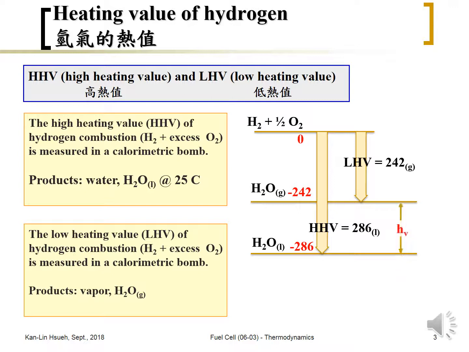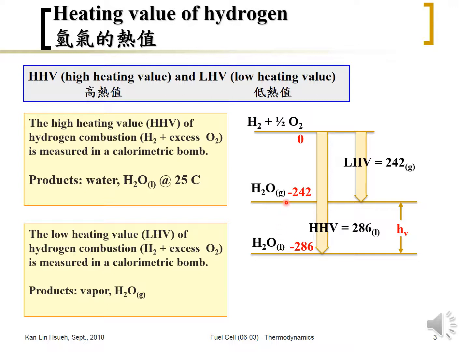And the difference is the heat of evaporation or heat of condensation, depending on the initial state and the final state. If your initial state is liquid water and the final state is vapor or steam, then we call it the heat of evaporation.